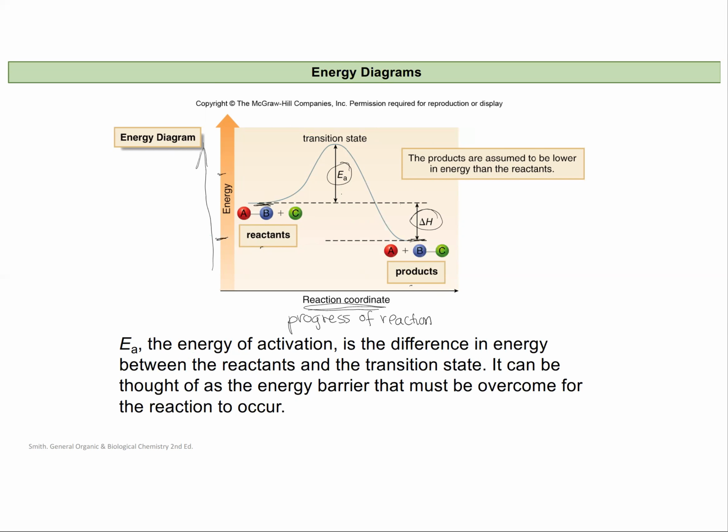So our activation energy is this barrier that needs to be overcome. For a bond to break and a new one to form, this transition state will have a partially broken bond between A and B and a partially formed bond between B and C. And this is the most unstable arrangement within the reaction. And so it's high in energy.